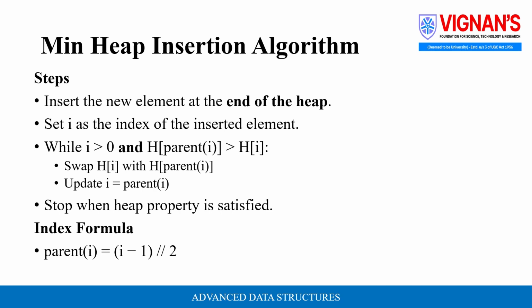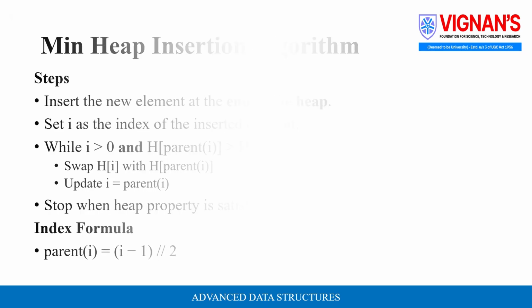Repeat this process until the min heap property is satisfied. Finally, stop the algorithm when every parent node is less than or equal to its children. The index formula used to find the parent is parent of i equals (i-1)/2, using integer division.